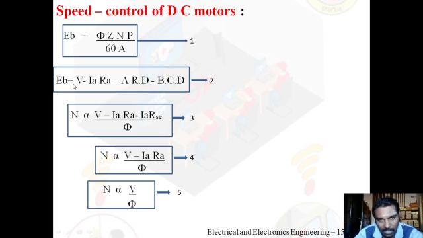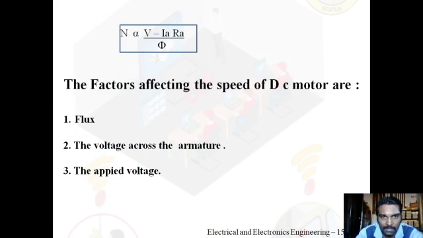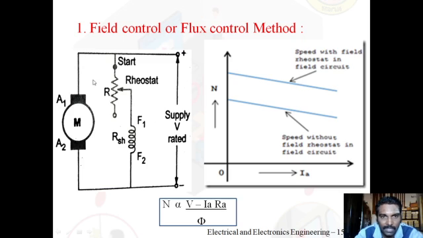If you recall the circuit diagram, this is the DC shunt motor. If you neglect this resistance for the time being, it looks like supply voltage, field winding, and the armature circuit. Three things will be there in the case of a DC shunt motor: armature, field winding, and supply voltage.